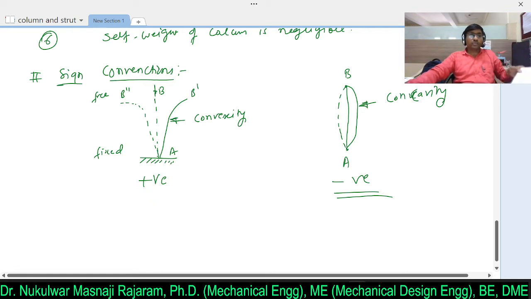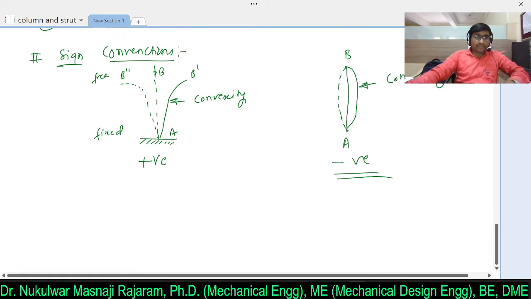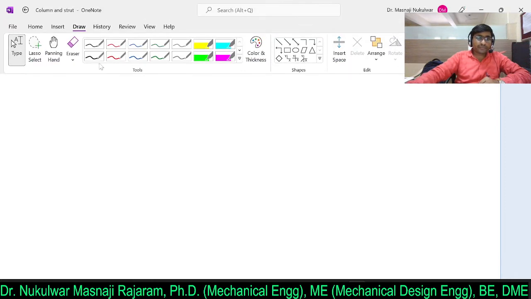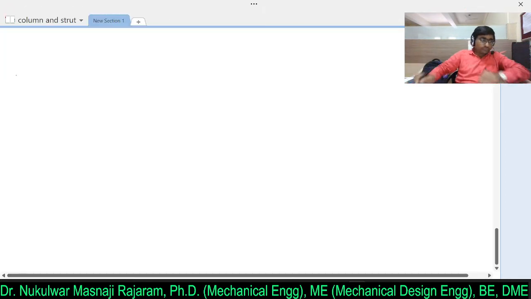Simple. So this is the small information which we need for Euler's theory. So the most important theory for the column we will see over here.